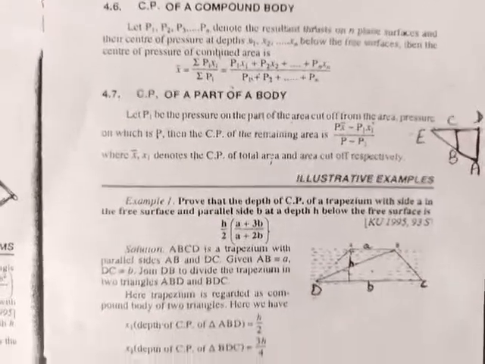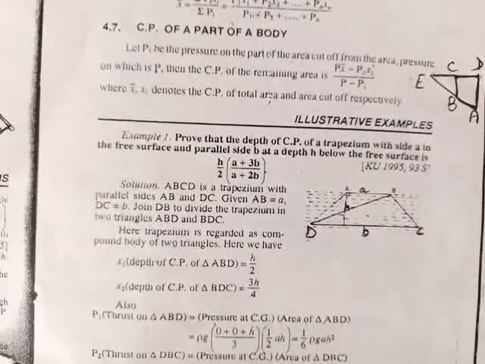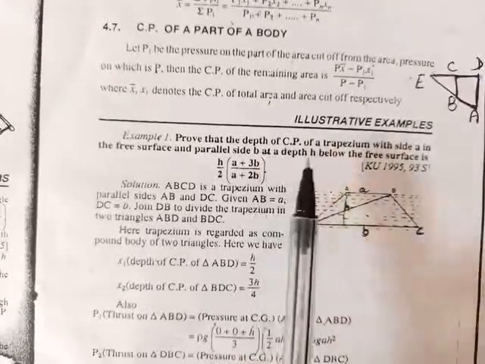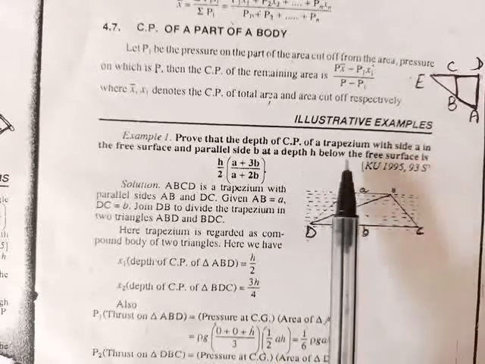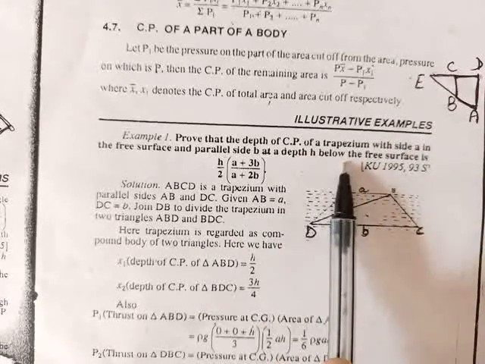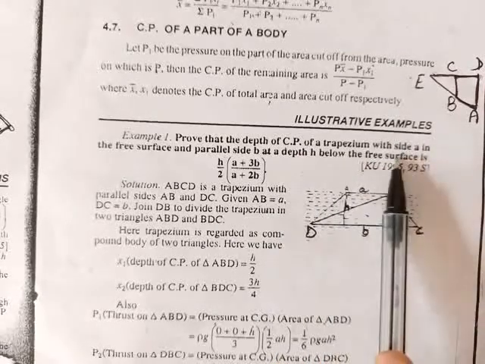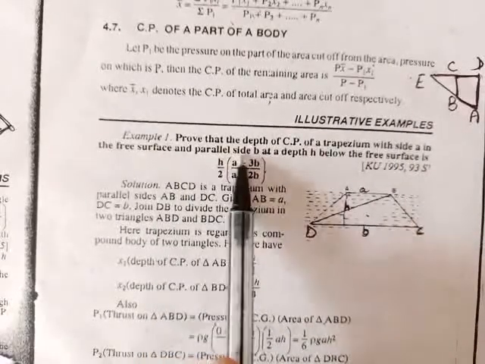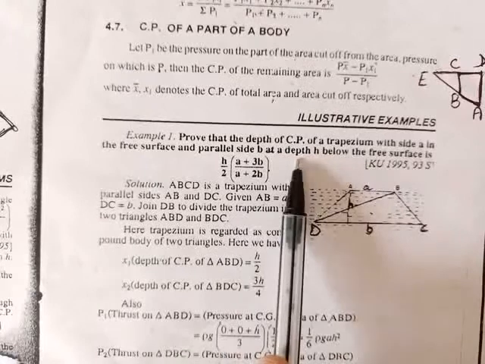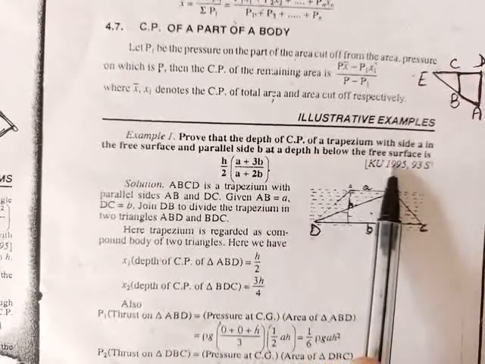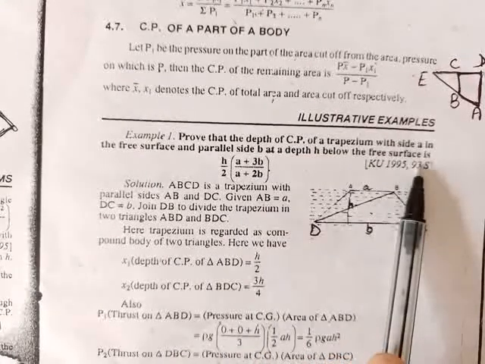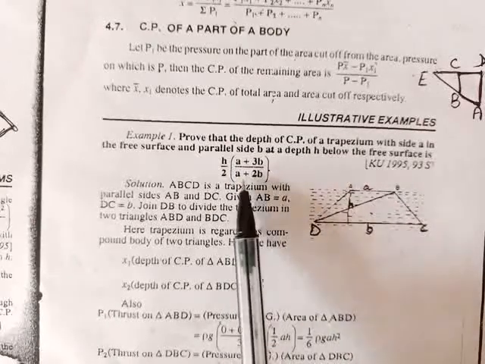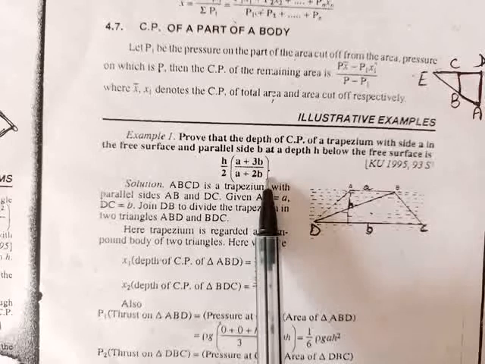Now, our first problem is: prove that the depth of center of pressure of a trapezium with side a in the free surface and parallel side b at a depth h below the free surface is given by h by 2 into (a plus 3b) upon (a plus 2b).